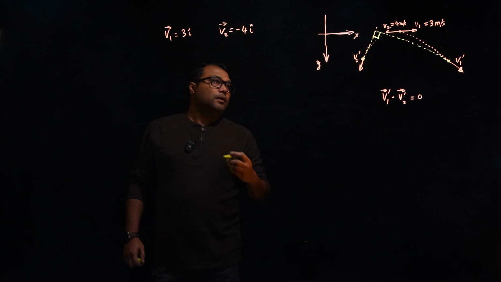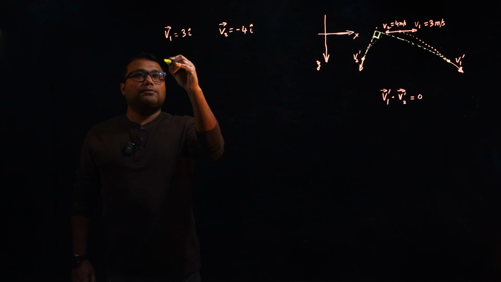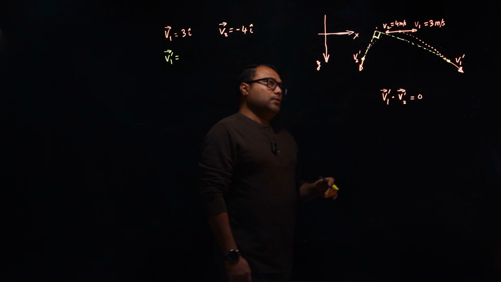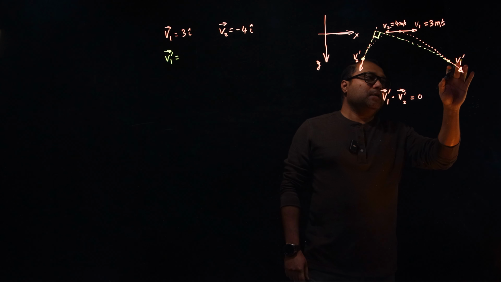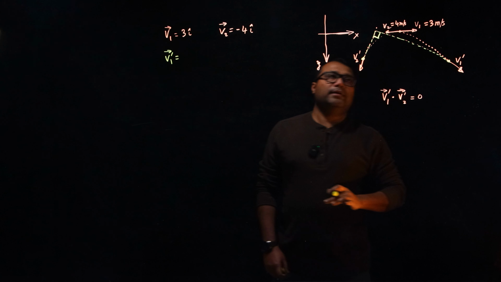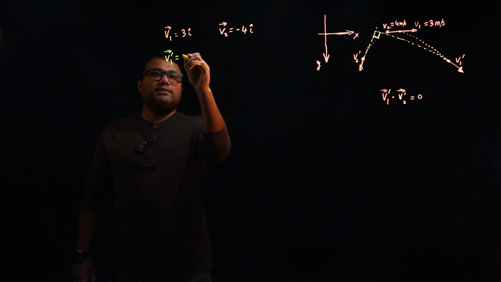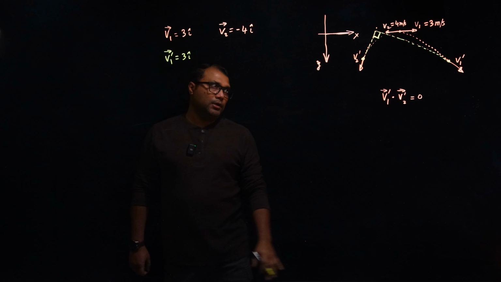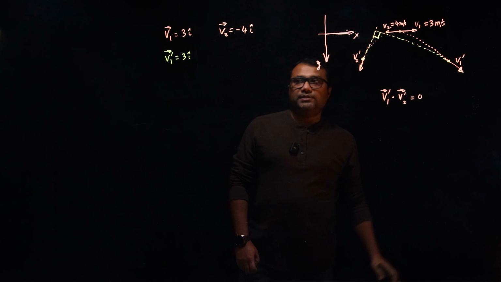Now v1 dashed: the x component of v1 dashed should remain the same because there is no acceleration in the x direction. So it will still be 3 meter per second.